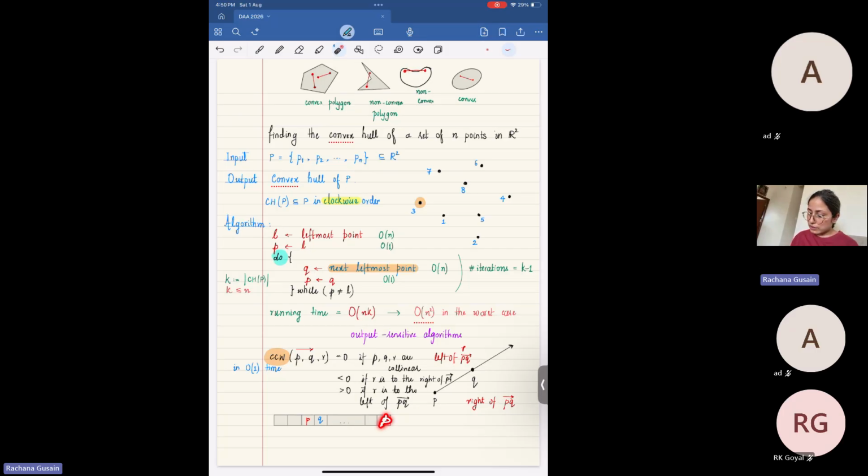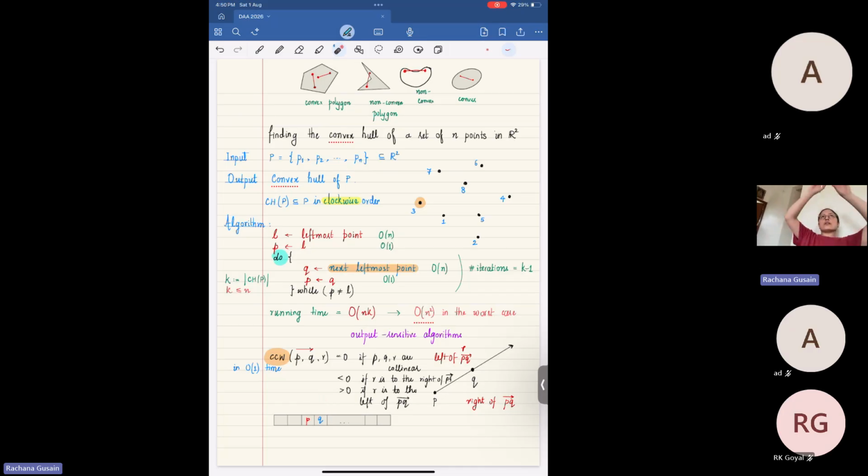If P was at the end, I would have taken Q to be the first point in the array. Initially you think maybe this is the next leftmost point, but then you have to actually scan the entire array to find the right Q.